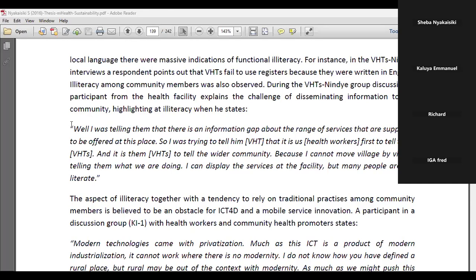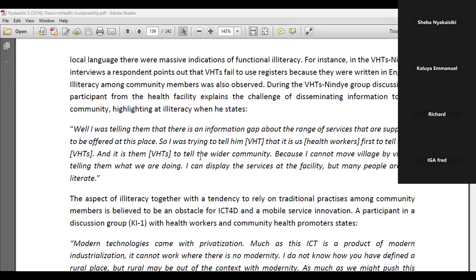So you see the conversation. Well, I was telling them that there is an information gap about the range of services that are supposed to be offered at this place. So I was telling him. Then I put in quotes VHT so that the reader understands. Of course, the person who said it didn't say VHT, but for me, I was trying to be specific that it is us, and I'm saying health workers, first to tell them, then VHTs.